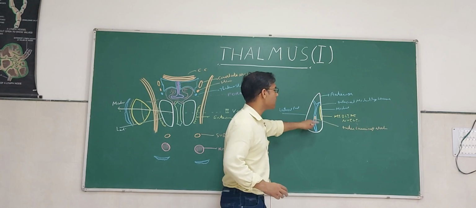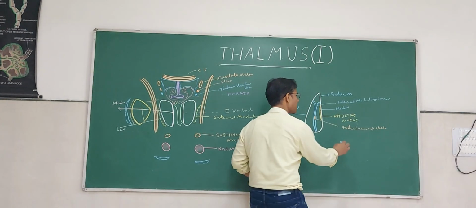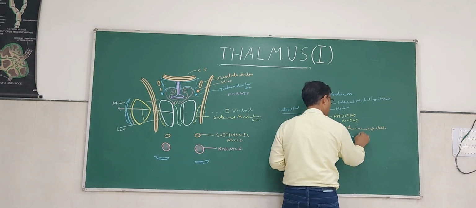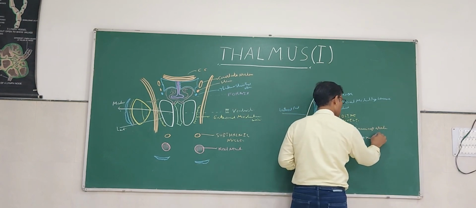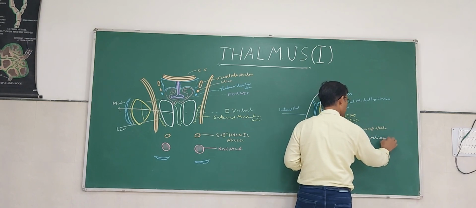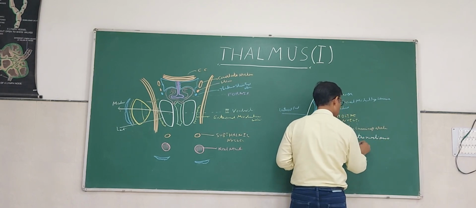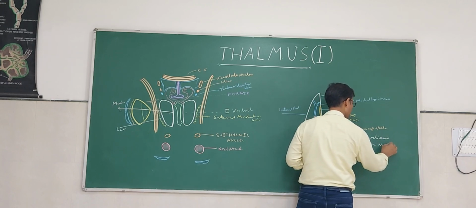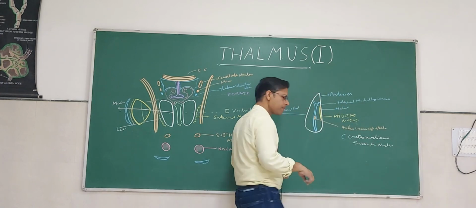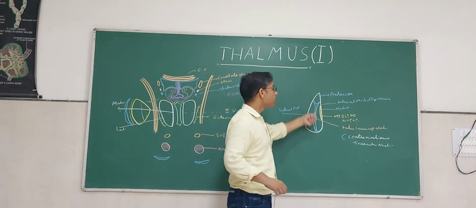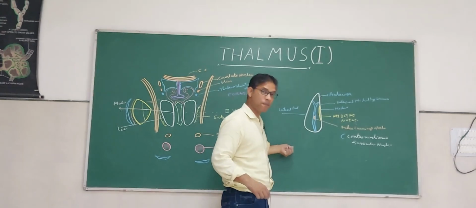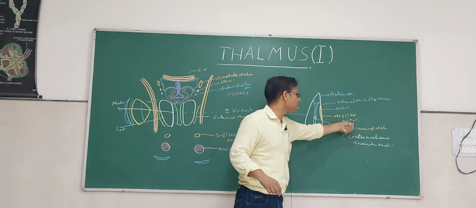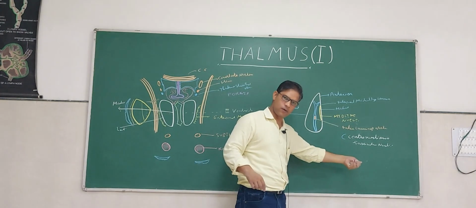The embedded nuclei are known as the intralaminar nuclei, which are further divided into the centromedian and, most posteriorly and medially, the parafascicular nuclei. So the internal medullary lamina divides the thalamus into three major parts, and I described some nuclei: the midline nuclei and the intralaminar nuclei, which are the parafascicular as well as the centromedian nuclei.